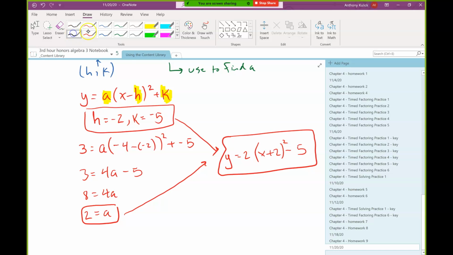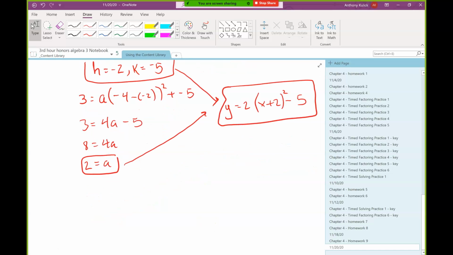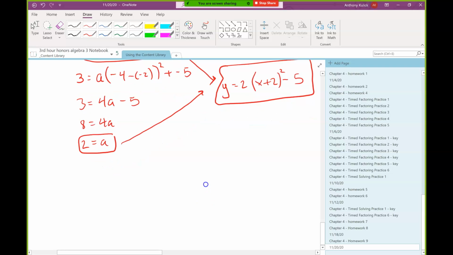Any questions on that? Hopefully that feels pretty straightforward, right? Very similar to things we did when we modeled absolute value functions, right? It's almost the same process there.